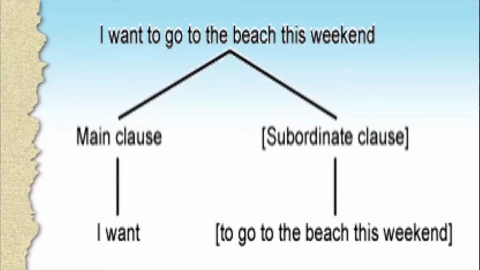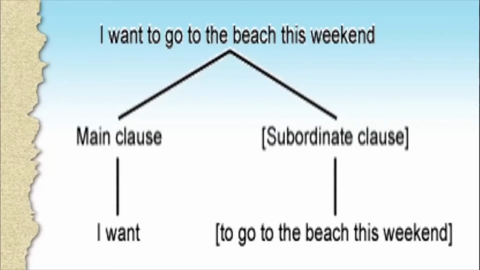Alright, so this is one more example. So I hope the idea of a subordinate clause is clear to you. Once you understand what a subordinate clause is, immediately you will be able to pick out the main clause and vice versa. If you understand what a subordinate clause is, automatically you will know what a main clause is. And if you have understood what main clauses are, automatically you will know what a subordinate clause is.